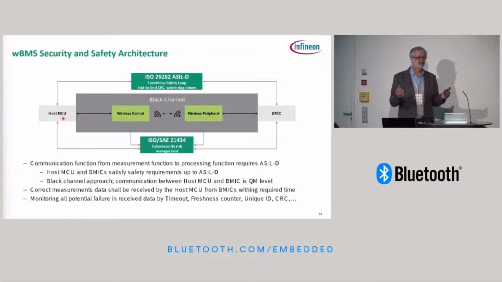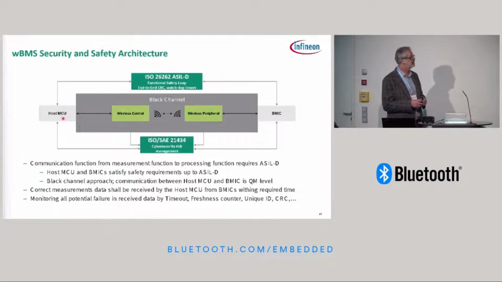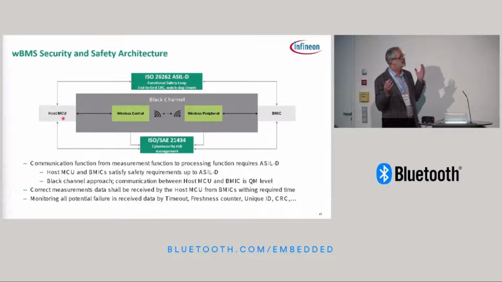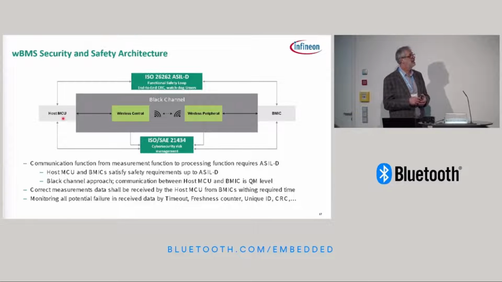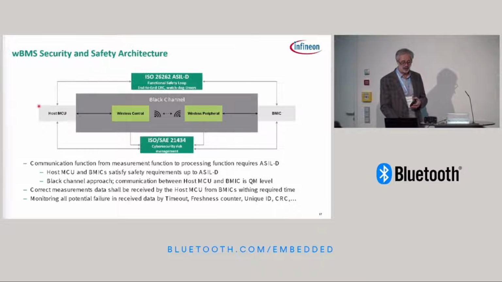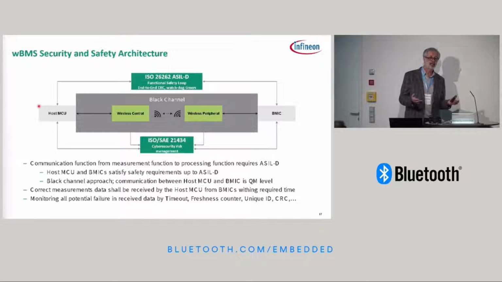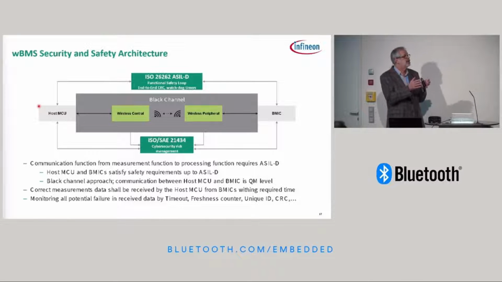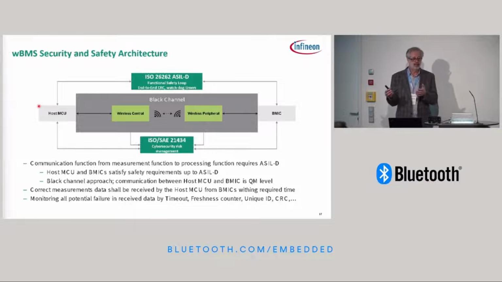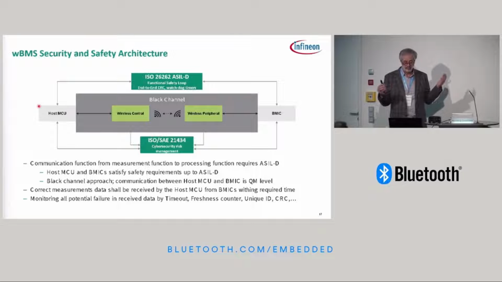It's hard to imagine, well, comprehend, I would say, but the requirement is that the host MCU receives fresh data within the required time, and it can validate the freshness of the data, and this is it.